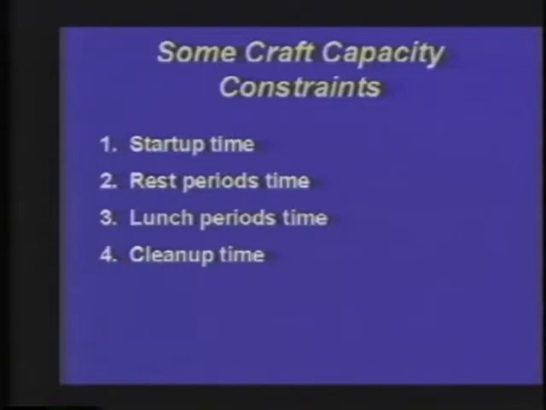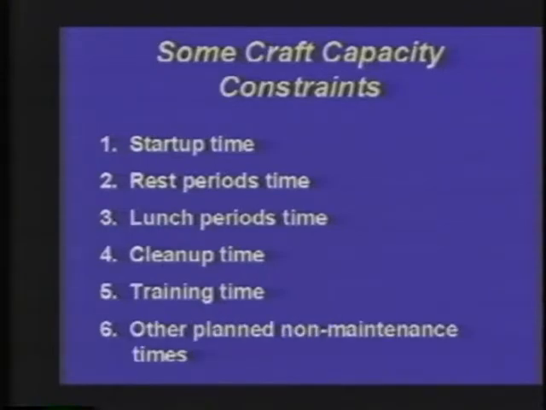Now, items 1 to 4 are the standard capacity constraints. But relative to the capacity plan itself, we have to take into consideration such things as training programs where certain craft personnel are not going to be available to perform a maintenance activity, and other planned non-maintenance times could be vacation periods.